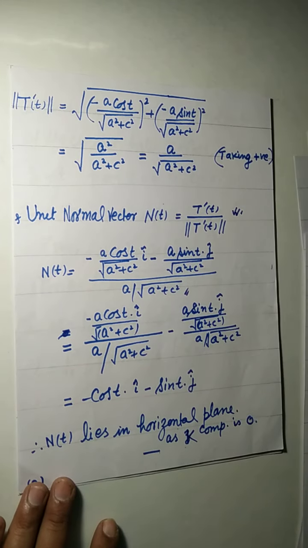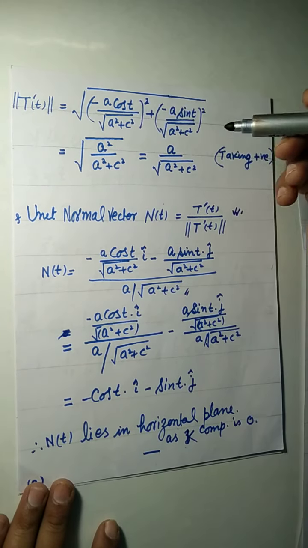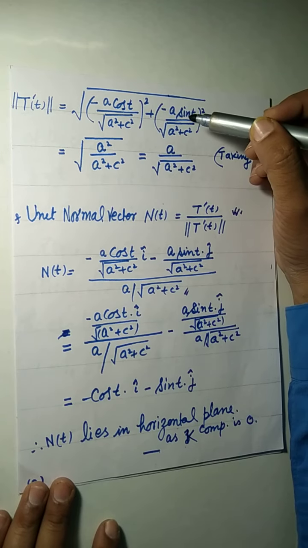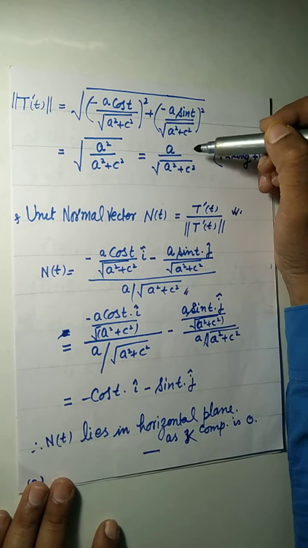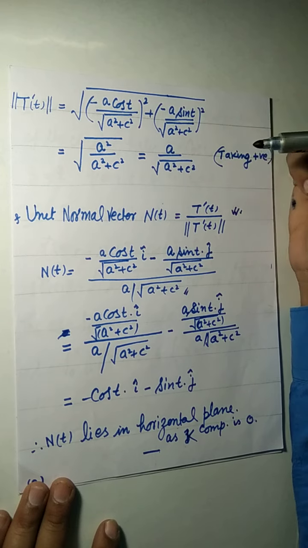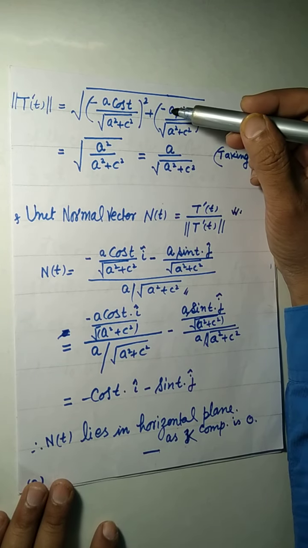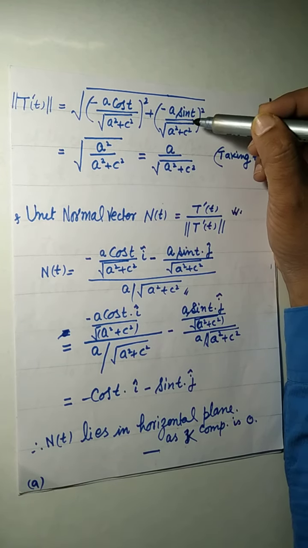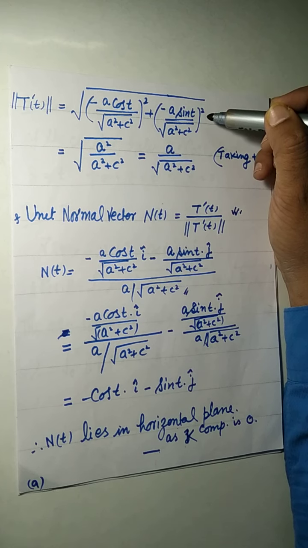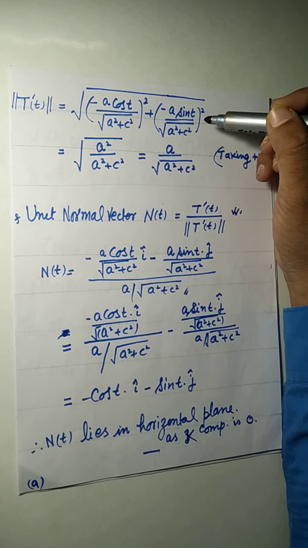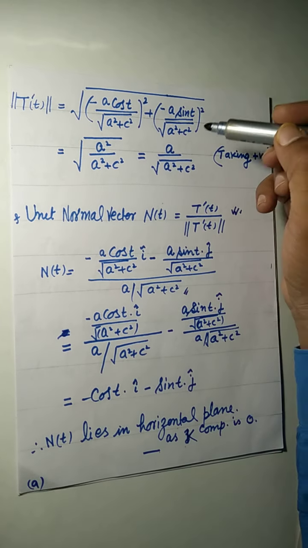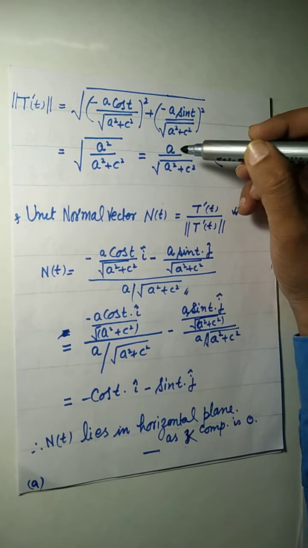Now the norm or length of T dash t is this one. After simplification, because the summation of cos square t plus sin square t will be 1, we will obtain this one.